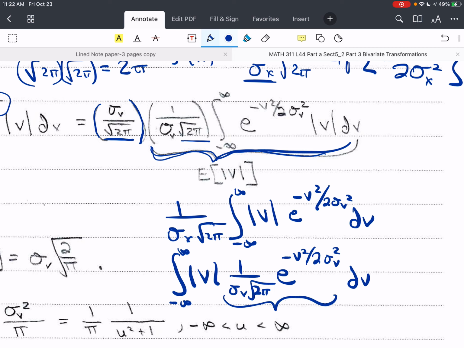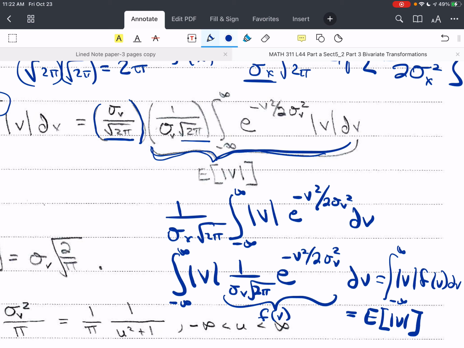This is f of v. So this is equal to the integral of absolute value of v, f of v dv from negative infinity to positive infinity. This is equal to the expected value of the absolute value of v. And we need to evaluate that, and we don't have to use the integral to do that. We know what the expected value is.